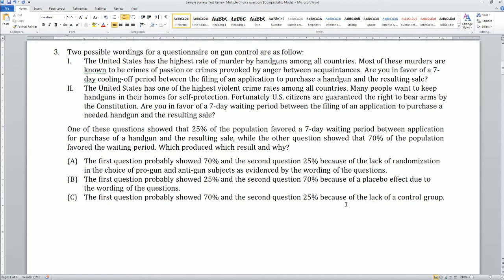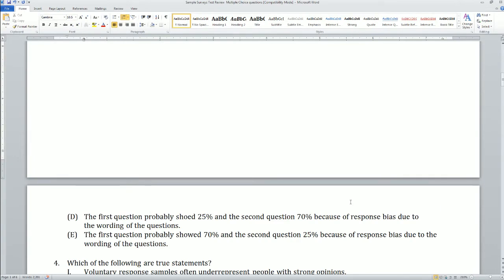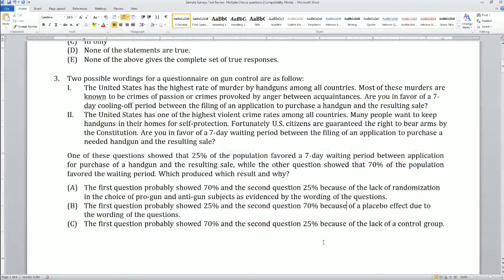Control group is only for an experiment. You're not running an experiment here. So this would be like a survey question.